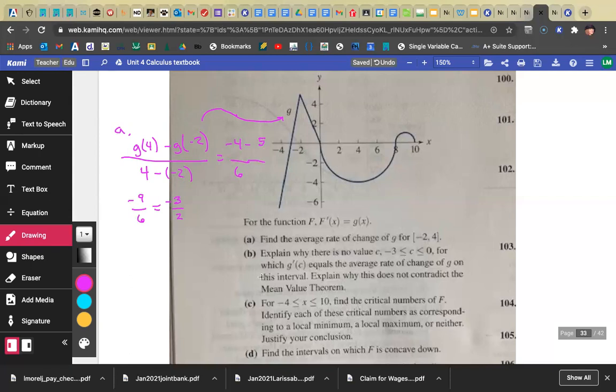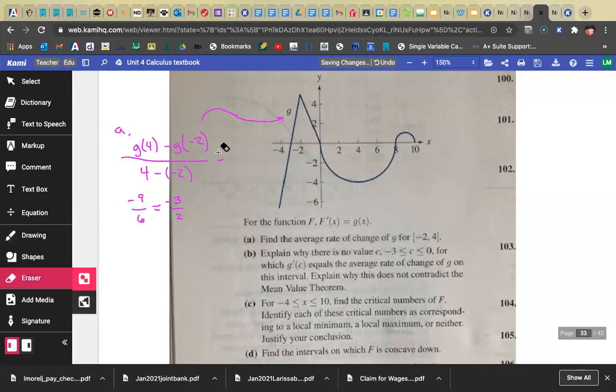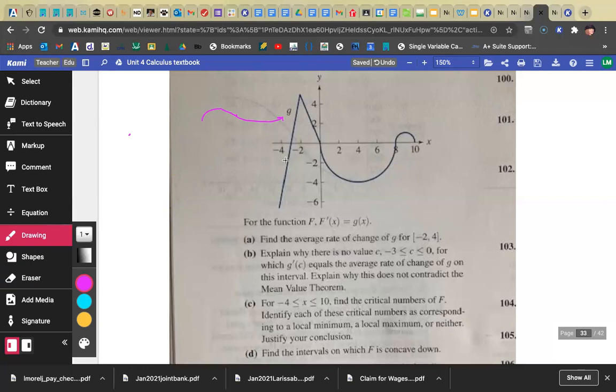Part B says explain why there is no value c on the closed interval from -3 to 0. Let me erase some of this so I have a little more space. So -3 to 0 would be from right here to here.